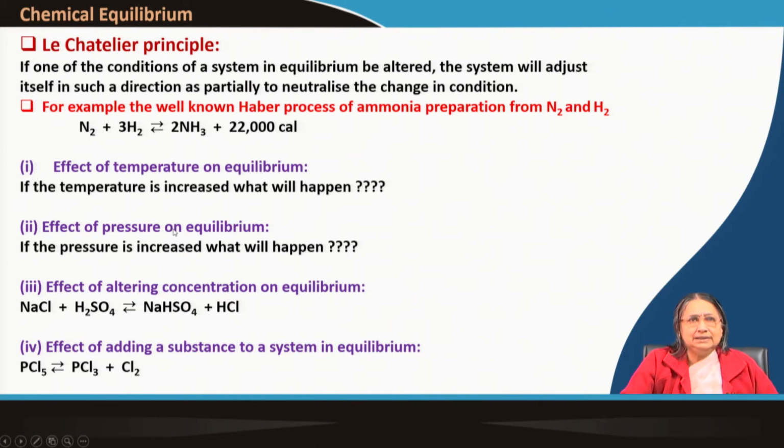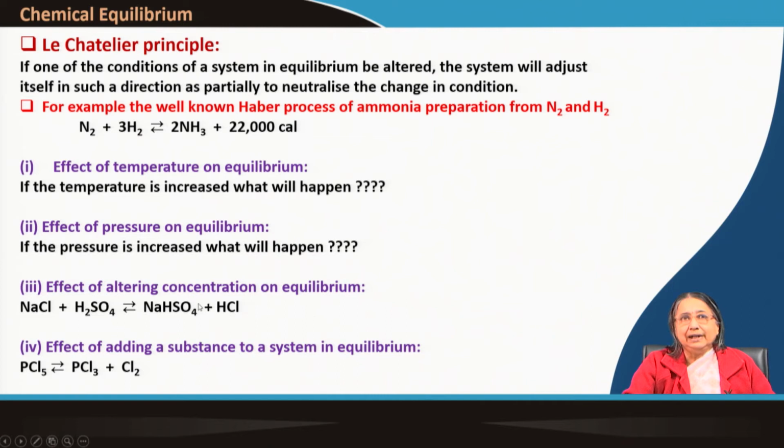Now, considering this reaction which is also in equilibrium, say for example, NaCl and H2SO4 producing NaHSO4 plus HCl, in a closed vessel. That is why it is in equilibrium. Then the effect of altering concentration on equilibrium: if we put it in a closed vessel, then this will be equilibrium, but if we do it in an open vessel, HCl will go out.